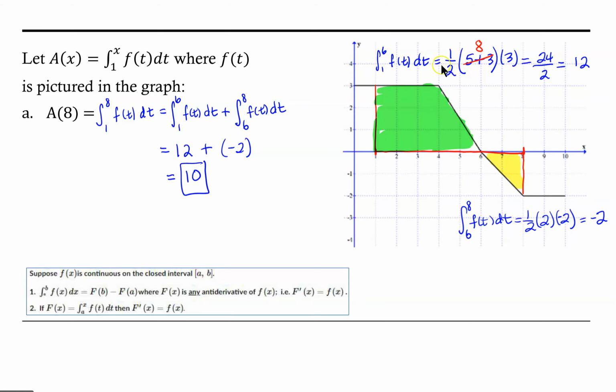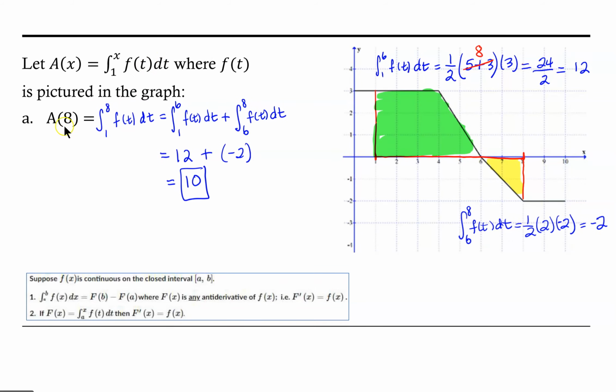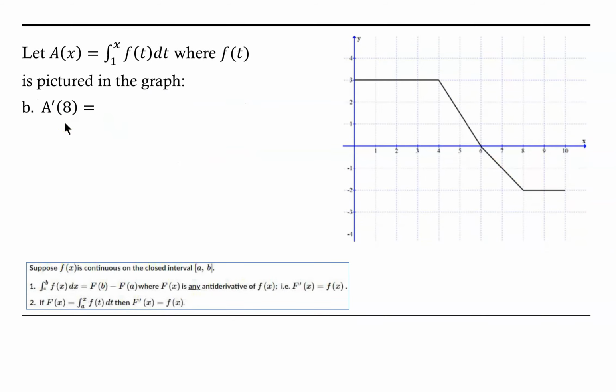So this function, A of x, which is the integral from 1 to x of f of t dt, has a value of 10 when x is equal to 8. Next, we want to evaluate A prime at 8.